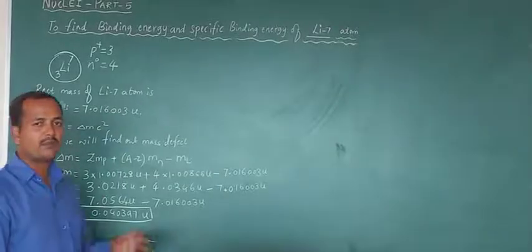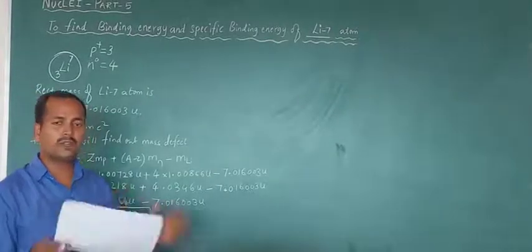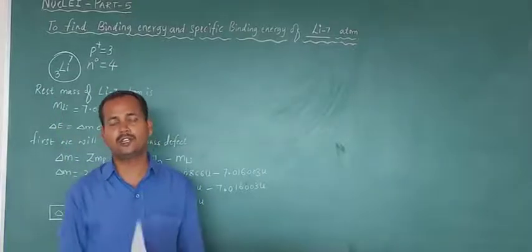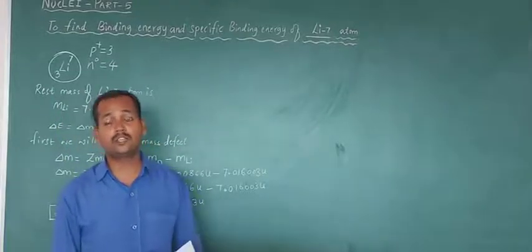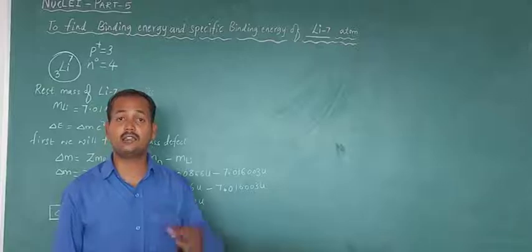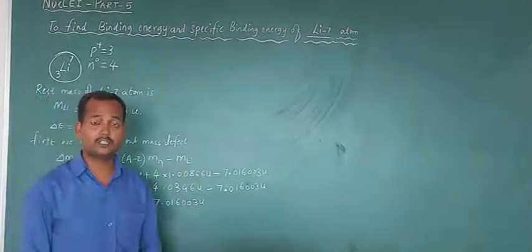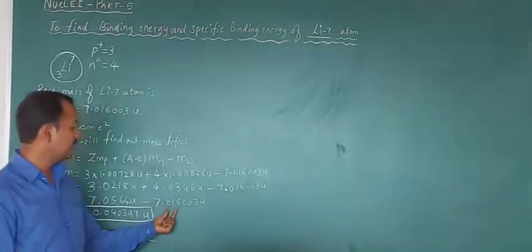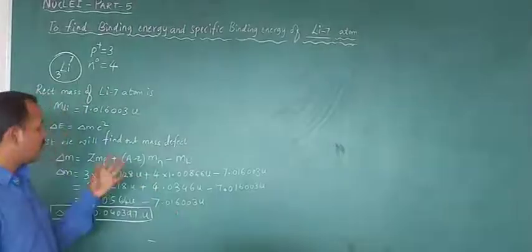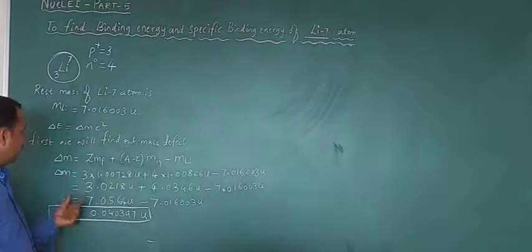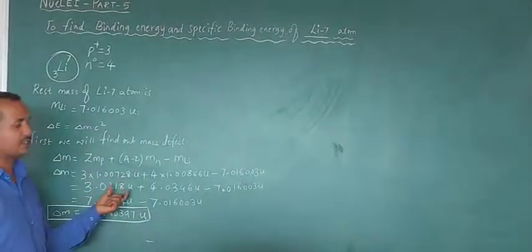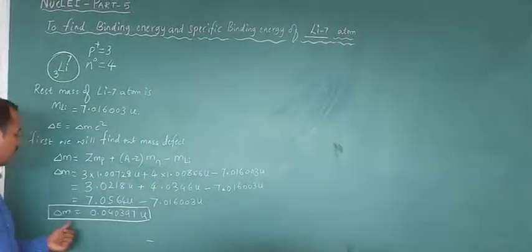And you know what a mass defect is? Before combination there are 7 nucleons with this much mass, and after combination we get the nucleus with this mass. There is a small difference between the mass of the constituents of the nucleus and the rest mass of the nucleus, and that is called the mass defect.